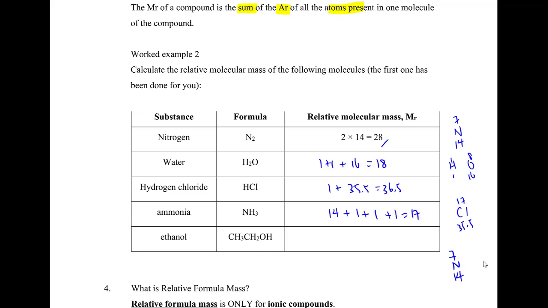And finally for ethanol, it's C2H5OH, something that you're more familiar with. So it's carbon, and carbon is 12 times 2. You add that to 5 hydrogens, and 1 oxygen and 1 more hydrogen. Similarly, if you punch those values in the calculator, you should get 46.